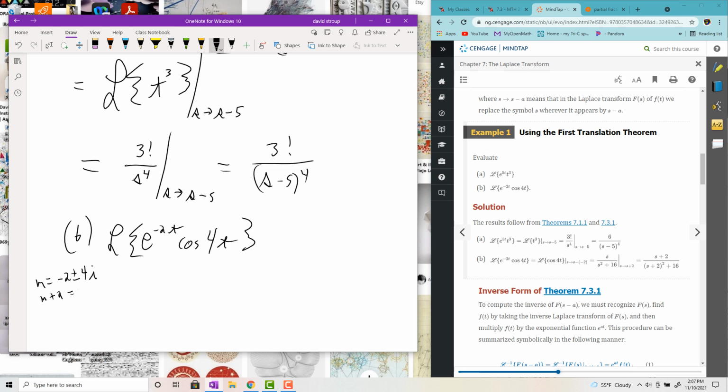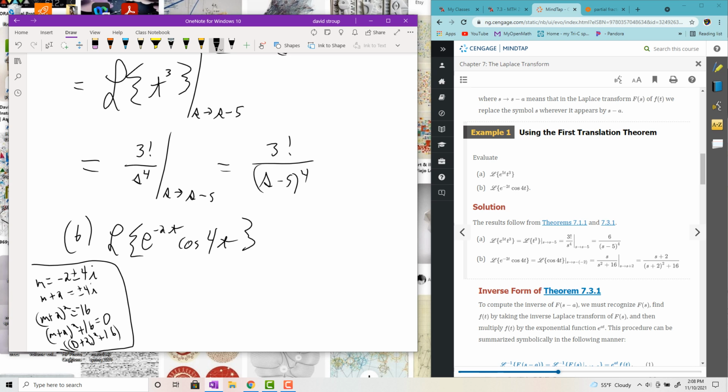So you get m plus 2 is plus or minus 4i. Square both sides, you get m plus 2 squared equals minus 16. And then plus 16 equals 0. So the annihilator there is D plus 2 squared plus 16. And that's what you should see in your denominator.